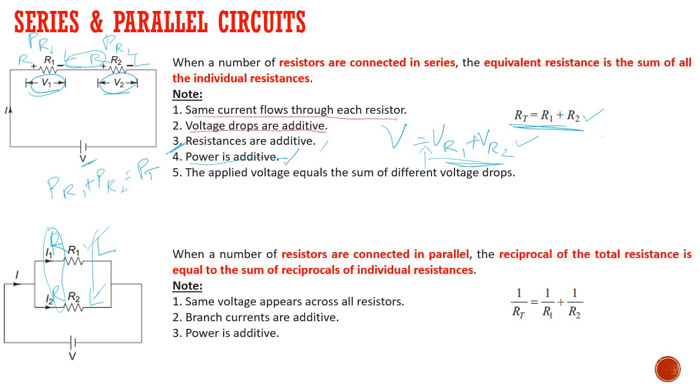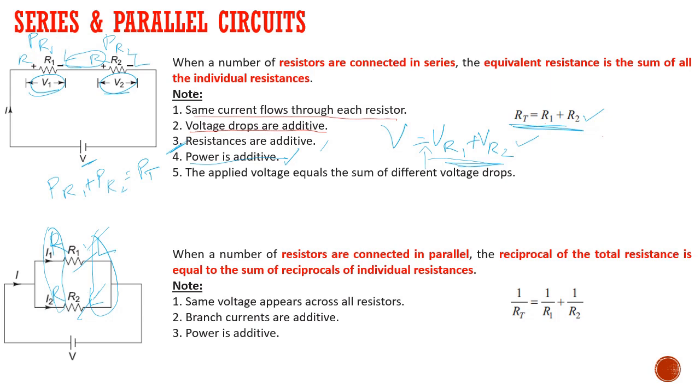Then only are these two resistors R1 and R2 connected in parallel. When this condition is satisfied, only then can we say those are parallel.